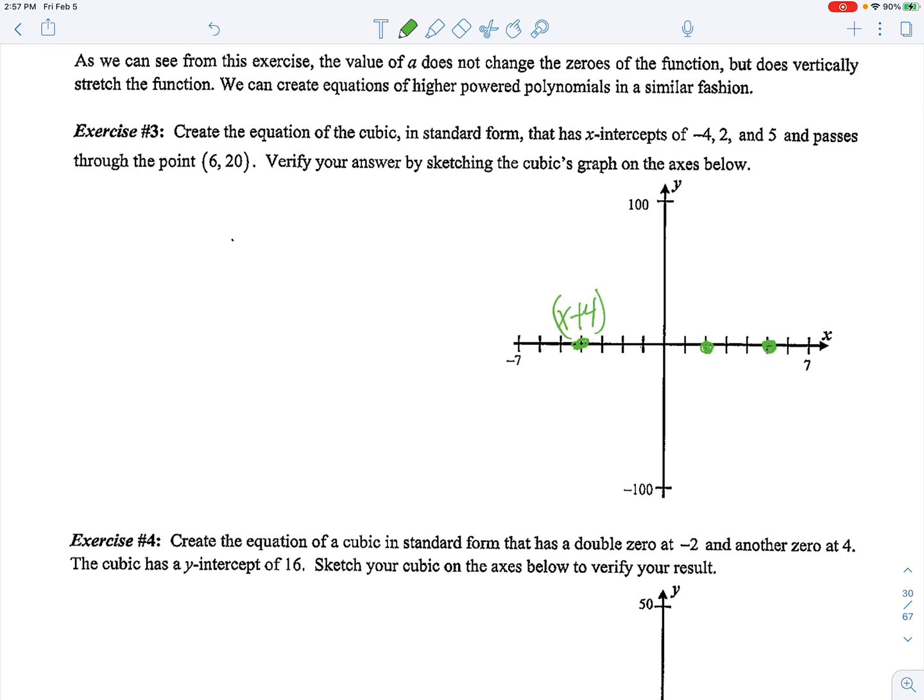So what we'll do here is work backwards. If negative 4 is a root, then x plus 4 is a factor. If 2 is a root, then x minus 2 is a factor. If 5 is a root, then x minus 5 is the factor that led to that root.